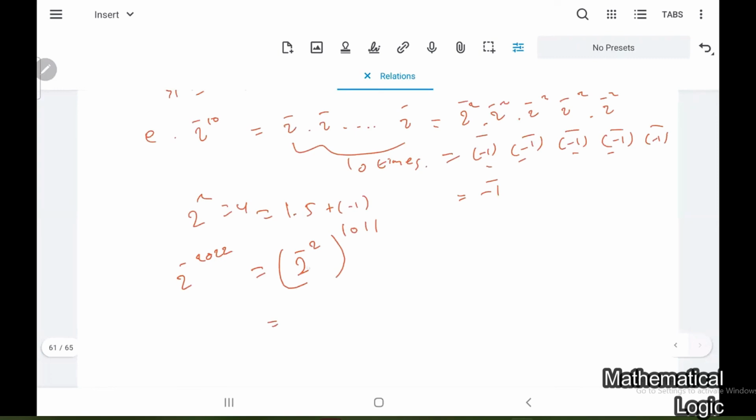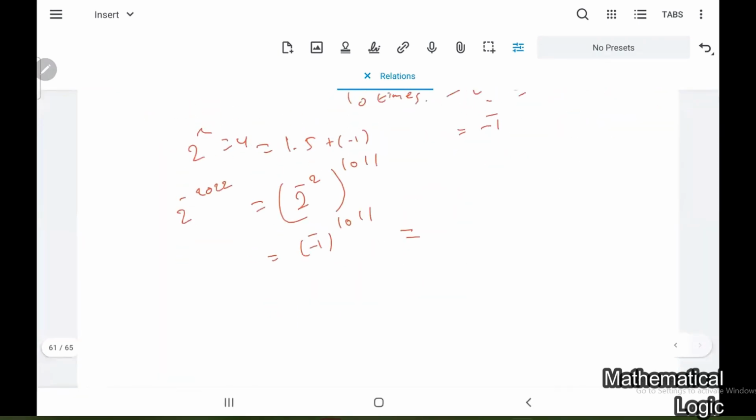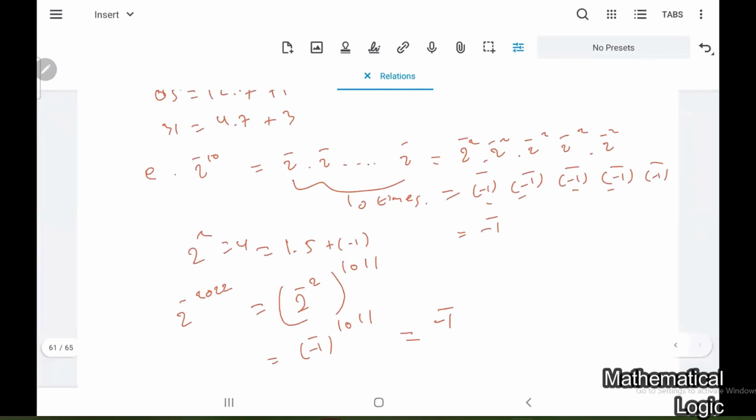And then 2 bar square is minus 1, as we know before, power 1011. And if you have minus 1 power an odd number, what is it? You have pairs, and then you still have one minus 1, right? So you have minus 1 bar here.